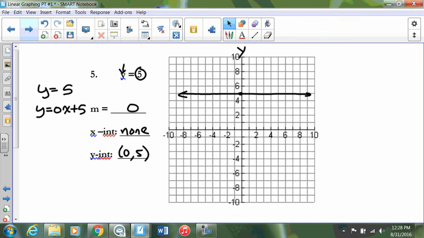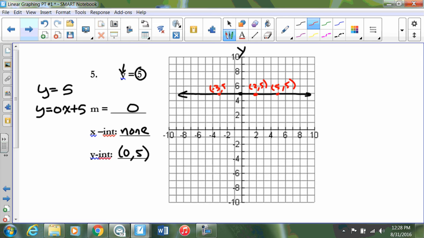It's also interesting to note that every single point on this line, like this point right here, you get to this point by going to 2, 5. The name of this point is 5, 5. This point is negative 3, 5.